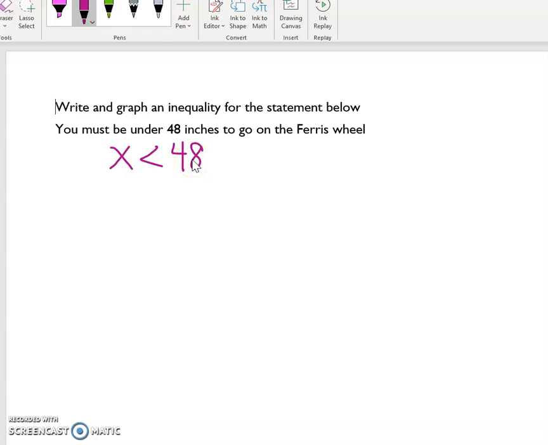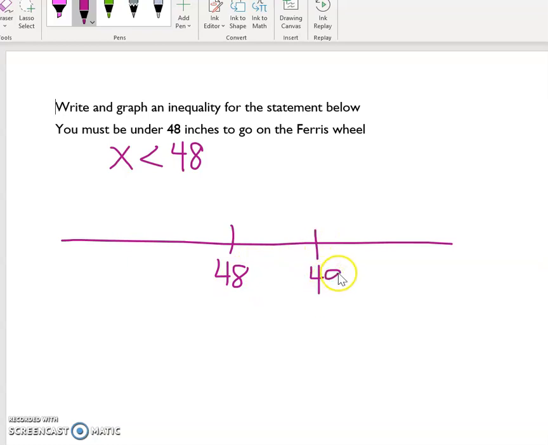When I go to graph that, I can set this up on a number line. And what I'm looking for you to do is list out some of the values, what's above it, what's below it, and we extend a number line with arrows on the end.